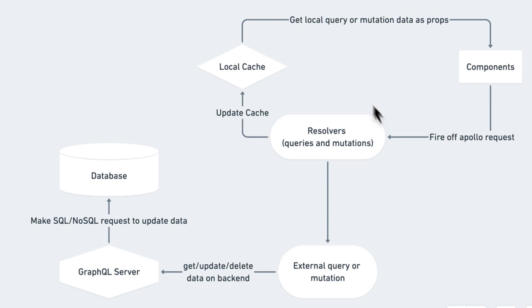Now, the way that we actually need to define to our application, as well as to Apollo, what we're able to query for or modify, we do in this thing called a resolver. Now, the resolver you can kind of see as a function, very similar to our reducers.